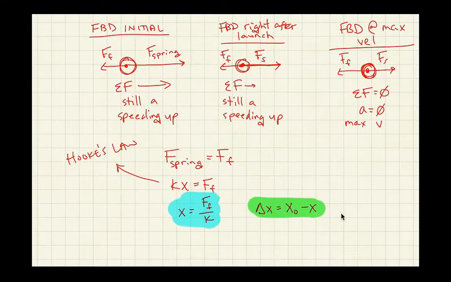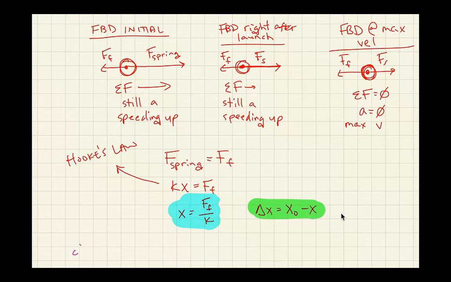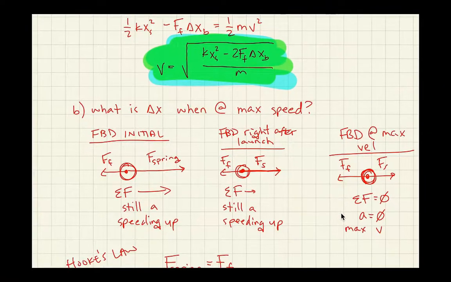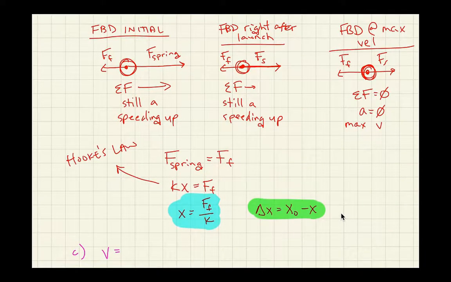I have an equation that is the velocity is going to be the square root of kx squared minus 2 f friction delta x of the barrel over m.